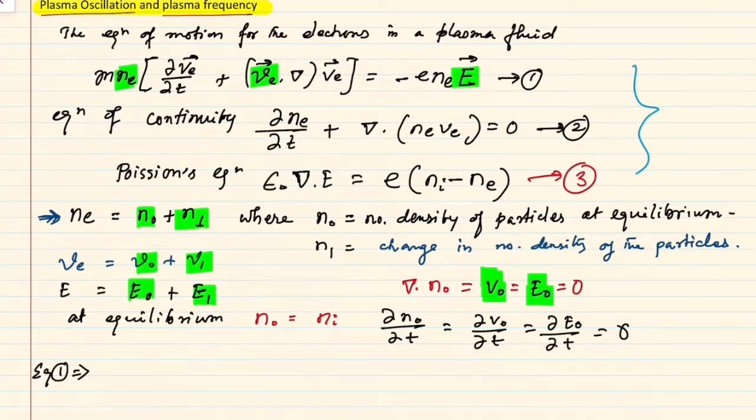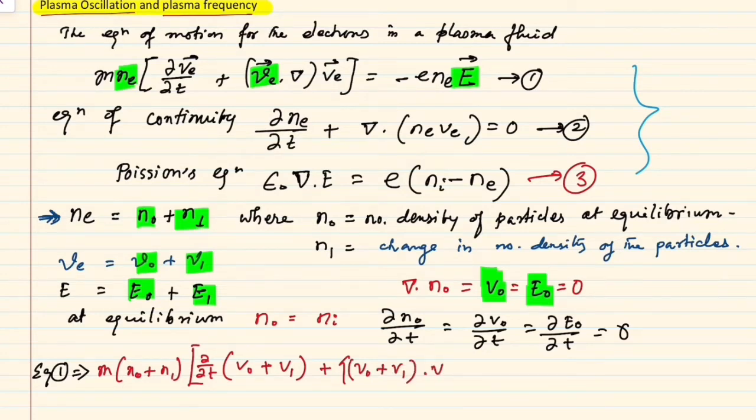Then we have M into N naught plus N1, within bracket del del T of V naught plus V1, plus V naught plus V1 dot del into again V naught plus V1, is equal to minus E into N naught plus N1, then E naught plus E1. So from equation number 1 we have got this.